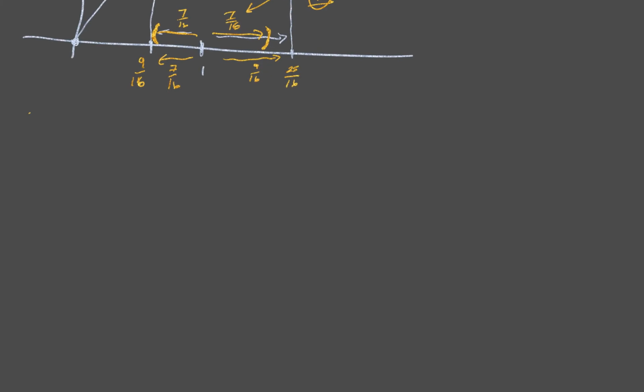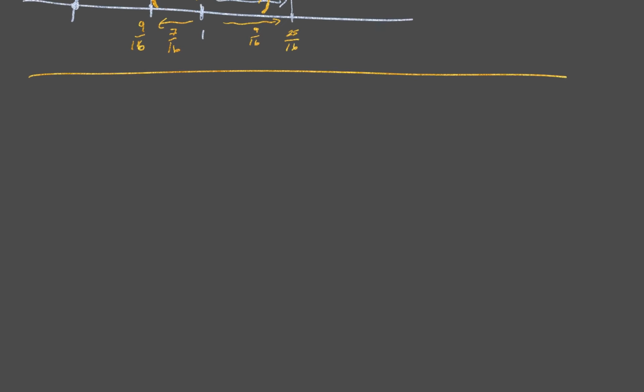Okay, let's do another one algebraically. Let's look at, say f of x equals 1 over x, and we're going to be at the point c equals, let's say 4, and then the limit would be 1/4, and we're going to say epsilon equals 0.01.